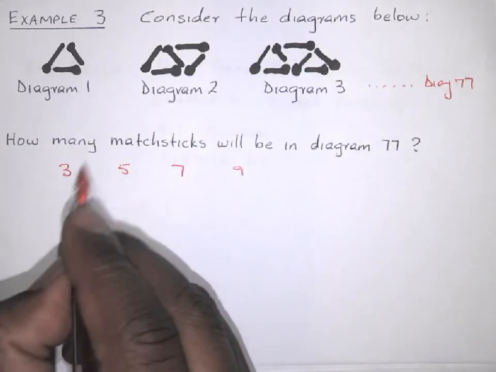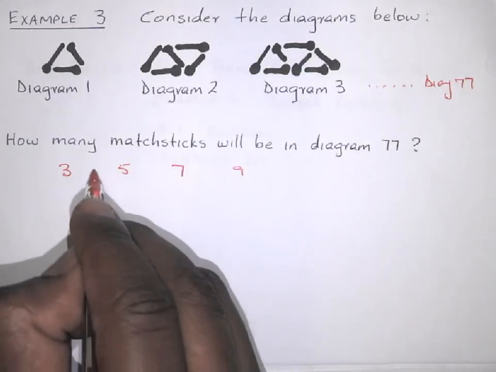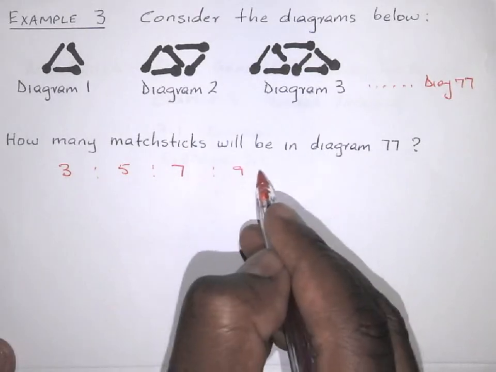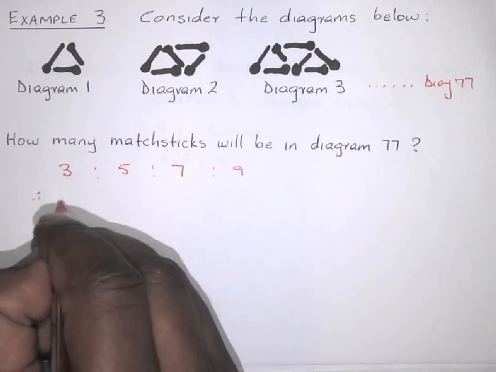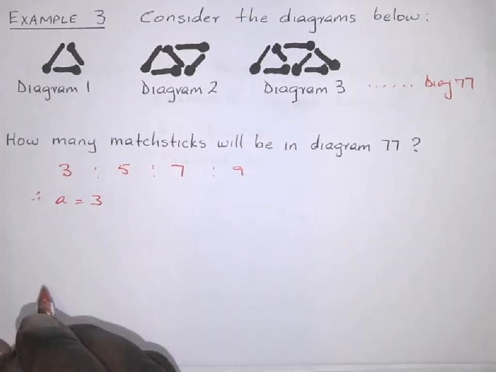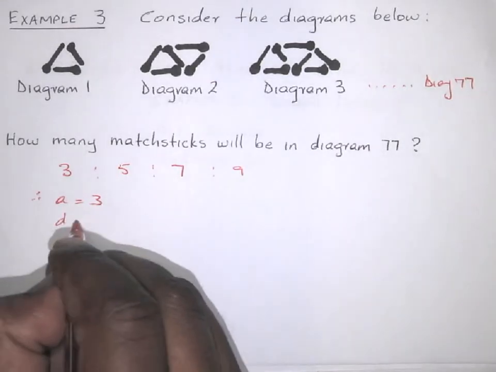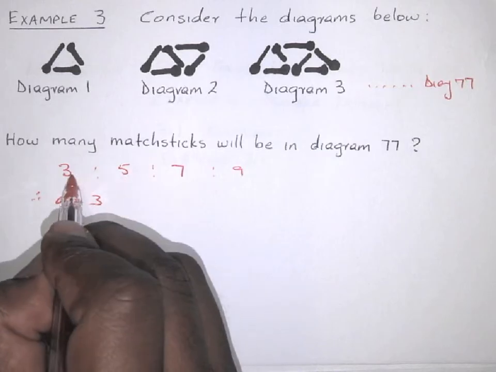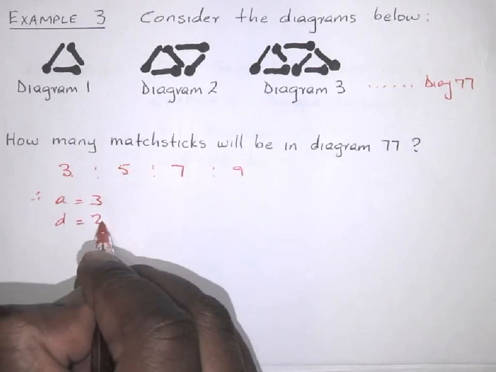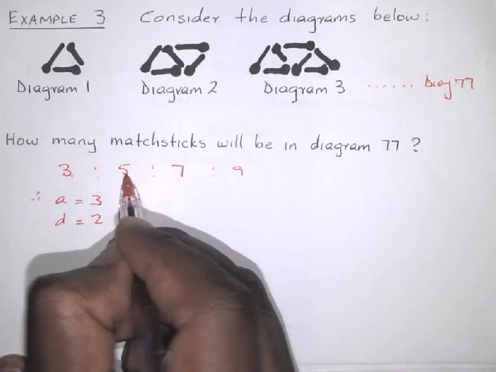This forms a linear number pattern. So the A value is 3, and the difference is 5 minus 3, which is 2, or 7 minus 5, which is 2.